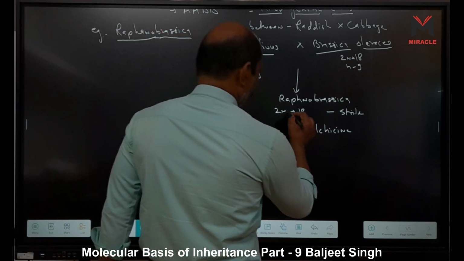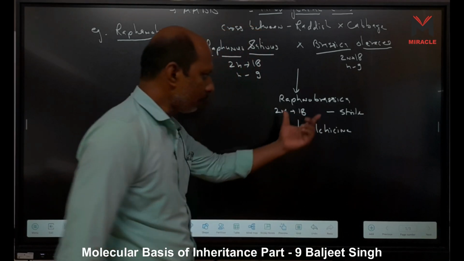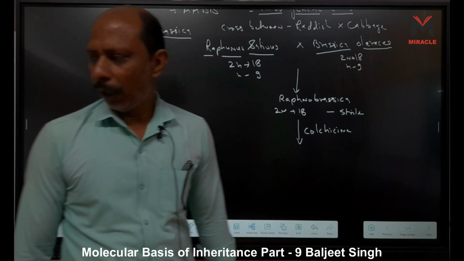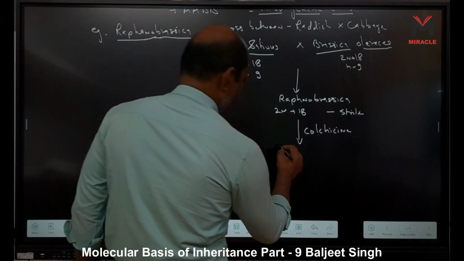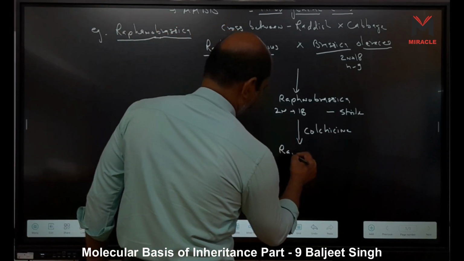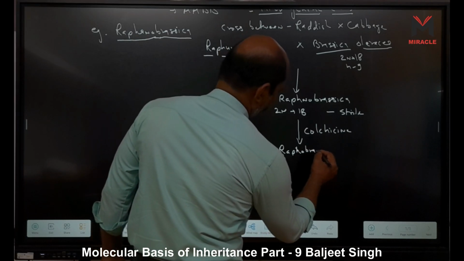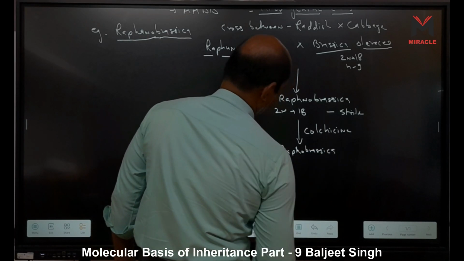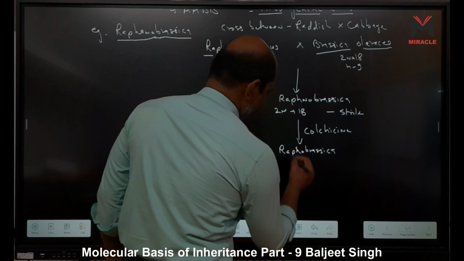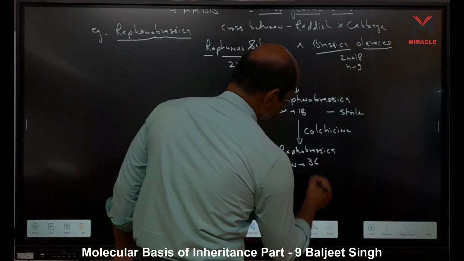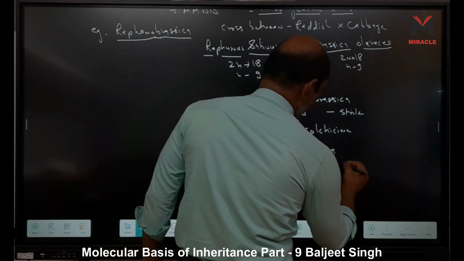What happens when it is crossed with Raphanobrassica, that means selfing. After selfing, what we get here? Raphanobrassica, but it becomes 4n, right? That means it has 36 chromosomes, and this becomes fertile.